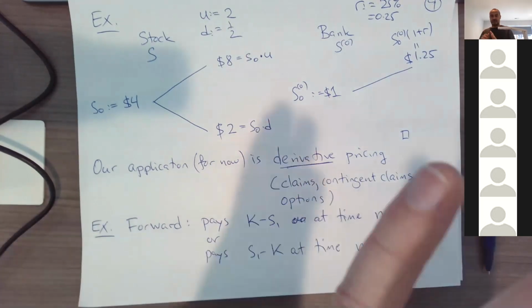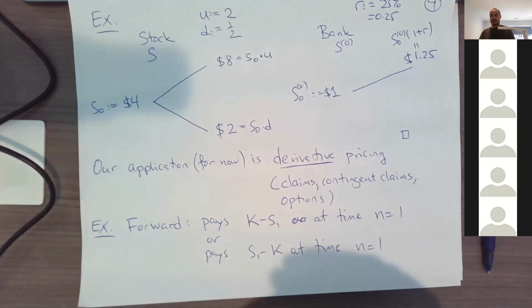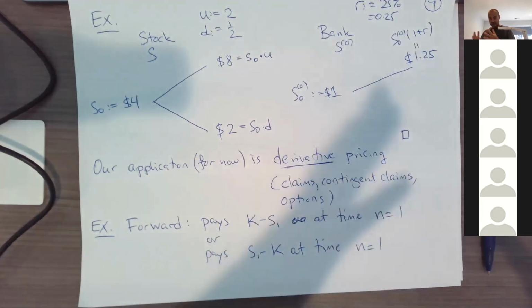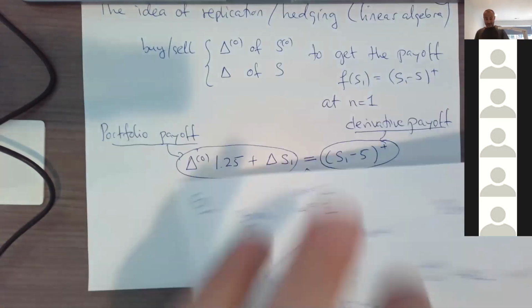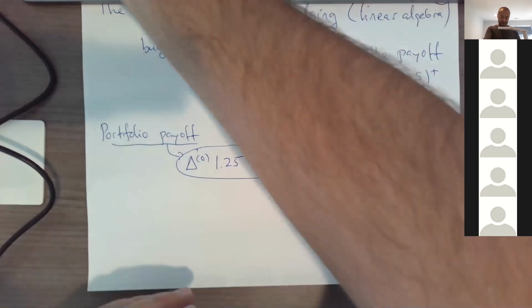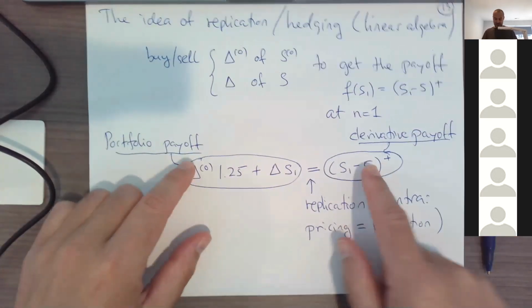I guarantee you, in this entire course, in the next course, and in other courses about derivative pricing, whenever you're asked to price something, you're going to have to replicate. So in this course, for now, what that means is looking at these equations here. We have two equations here.